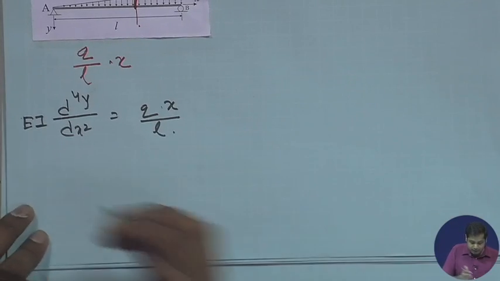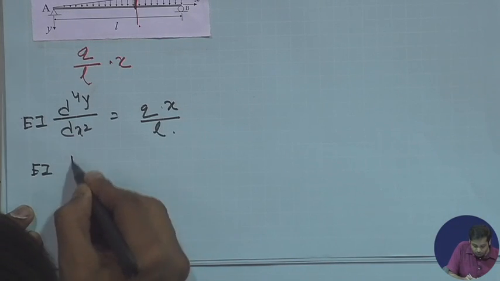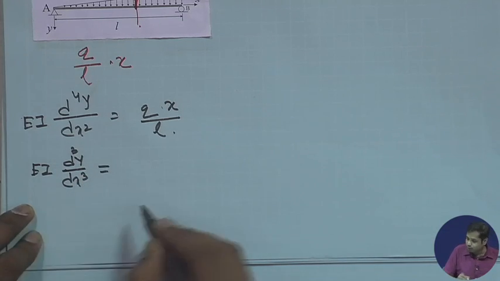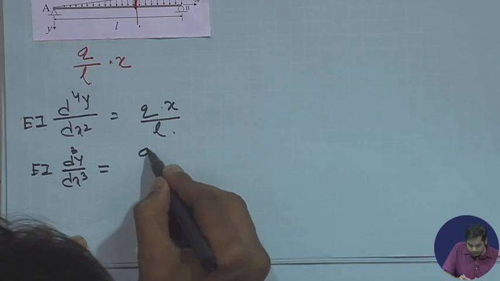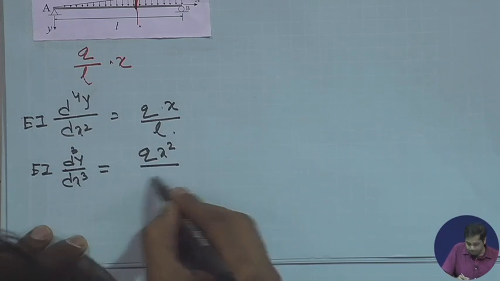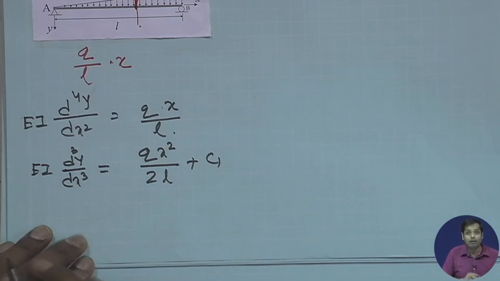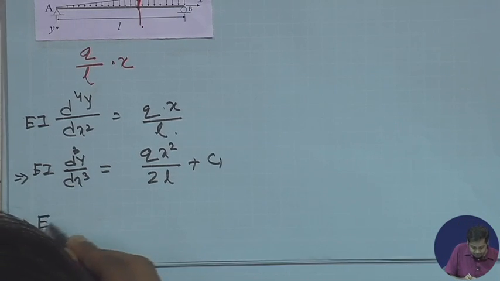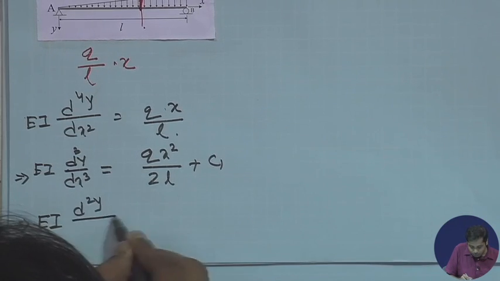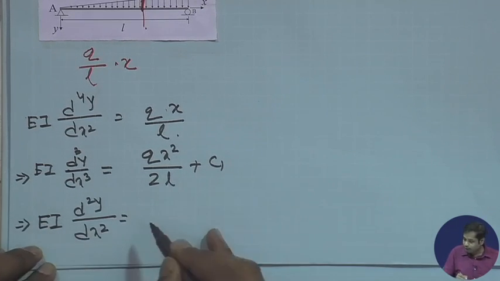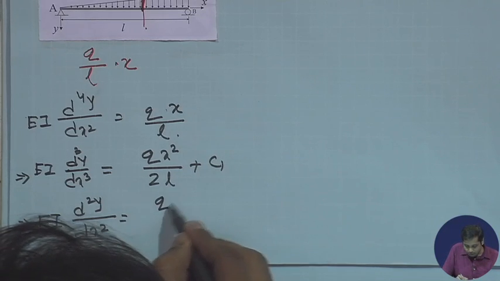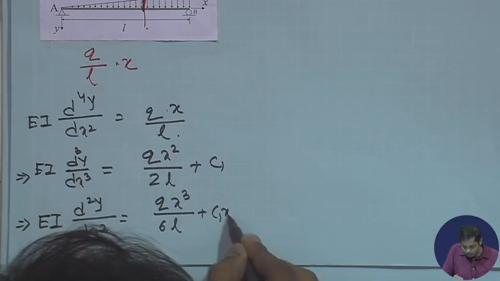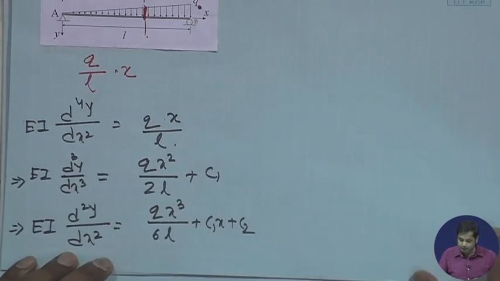If we differentiate it the first time, then it becomes EI d3y/dx3 = Qx square by 2L plus C1. Then if you do it the next time, EI d2y/dx2 becomes Qx cube by 6L plus C1x plus C2, one more constant.